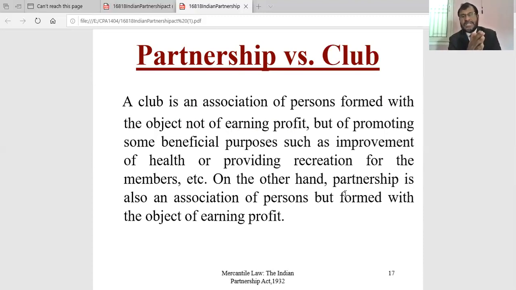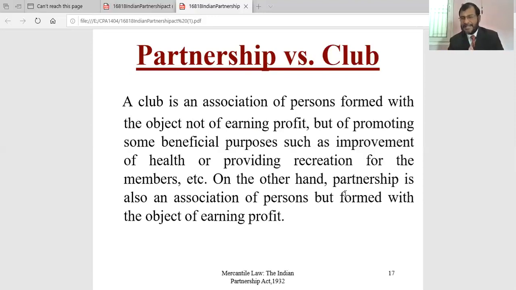A club is an association of persons formed with the objective not of earning profits, but promoting some beneficial purposes such as improvement of health or providing recreation for the members, etc. On the other hand, partnership is an association of persons formed with the objective of earning profits.